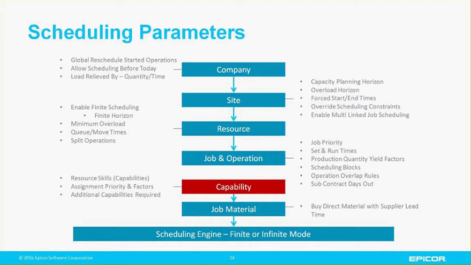Scheduling blocks defines the number of complete sets of resources required for the operation. Operation overlapping rules refer to send ahead quantities and successor operation start and end date policies. And subcontract operation days outside indicates the duration that WIP will be outside the site when a subcontract process is being performed.